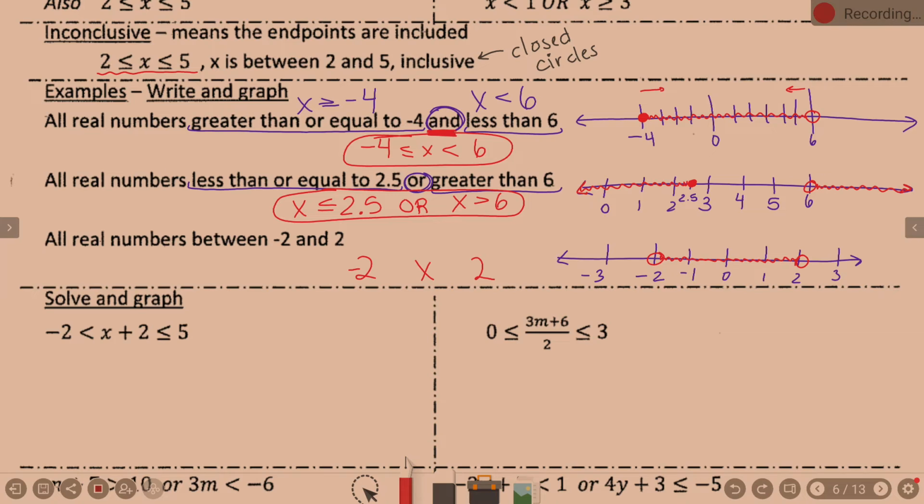It was x is smaller than 2 because it went left of 2, so we used less than. Officially, it is greater than negative 2, but this is flipped around, so that's why I'm putting it like that. Okay, so negative 2 less than x less than 2.